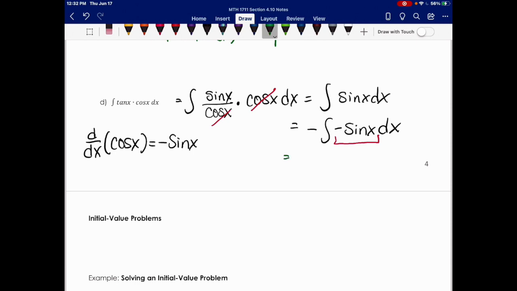So I know when I integrate this, I get cosine x, and then I have that negative 1 in front, so my answer is going to be negative cosine x plus my constant.